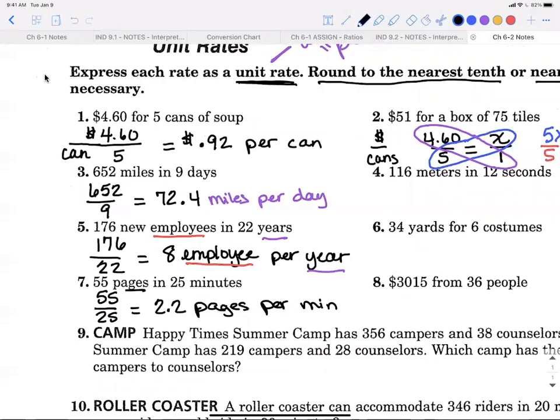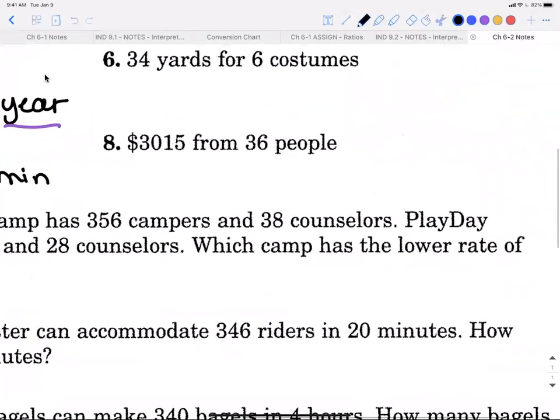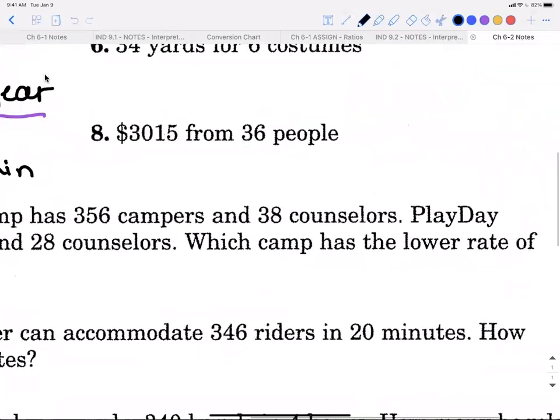Pages per minute. I do want to do a dollar one just to make sure that we know how to round it and how to label it. So it's $3,015 from 36 people. We want to know how much one person gives. So we divide it, and Briley Dyer, what's the answer? And we're rounding, remember it's money, so we're rounding to the cents. 83, wait a minute, 83 point what?